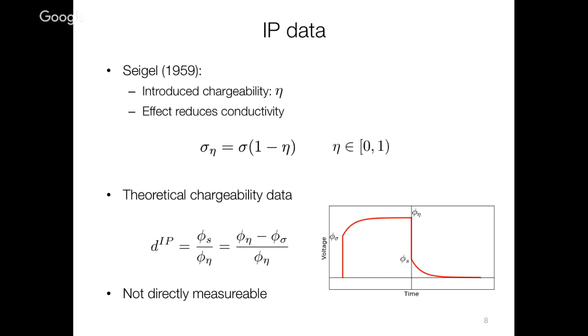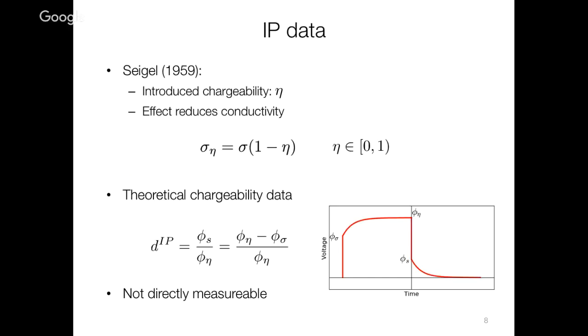Its net effect is that if a material is not chargeable, its electrical conductivity is sigma. If it is chargeable, its conductivity is altered slightly to (1 minus eta) sigma. So if eta was 0.1, then the fact that it's chargeable means that the conductivity is only 0.9 of what it would have been without being chargeable.